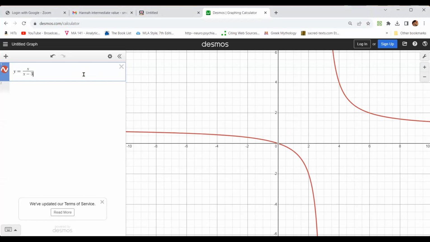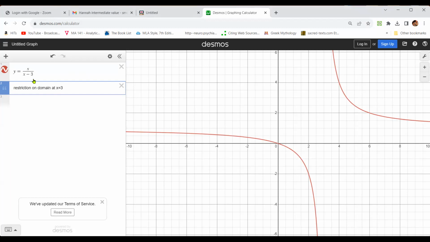Now, do we have a domain restriction here? Yeah, there's an asymptote. Where is my domain restriction? At 3. That's right. So there's a restriction on the domain at x equals 3.